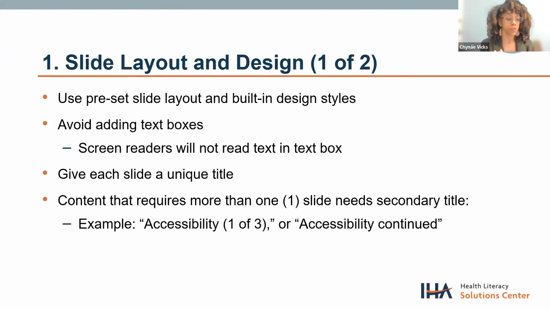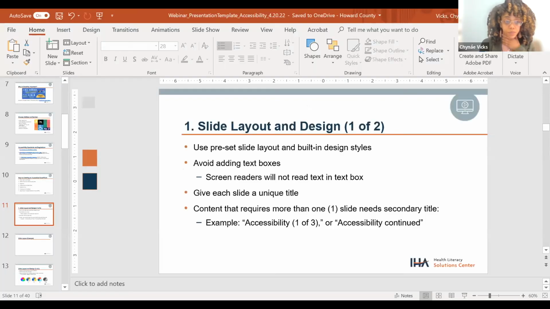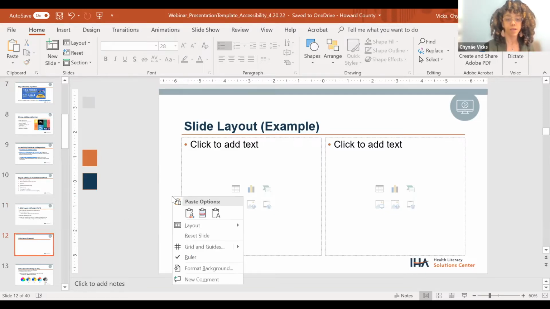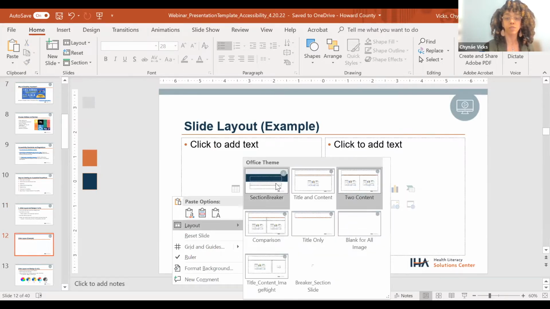Okay, so for slide layout and design, I'm going to close out my presenter's view, and we're going to go to this next slide. Okay, what you're going to want to do is when you open up PowerPoint and you start a new slide, you're going to right-click your mouse, scroll down to layout, and you're going to pick one of these designs that best fits the content that you want to include.